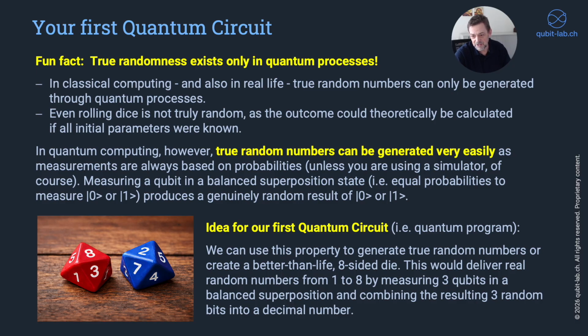With the approach I just mentioned, we put 3 qubits, if you want to have an 8-sided die, into a superposition, and then we measure the 3 qubits and we'll get a random number, which is our result.